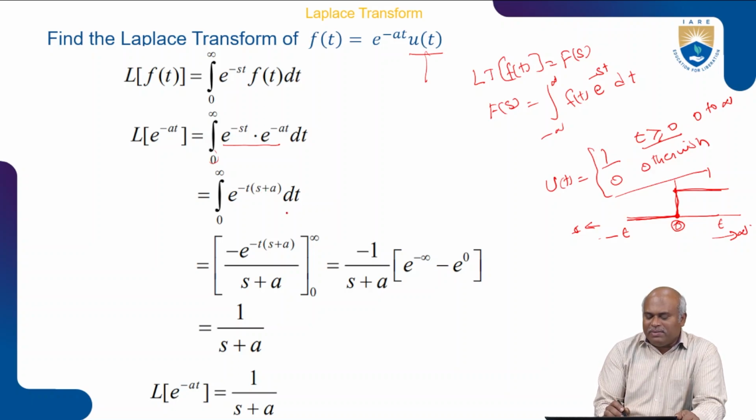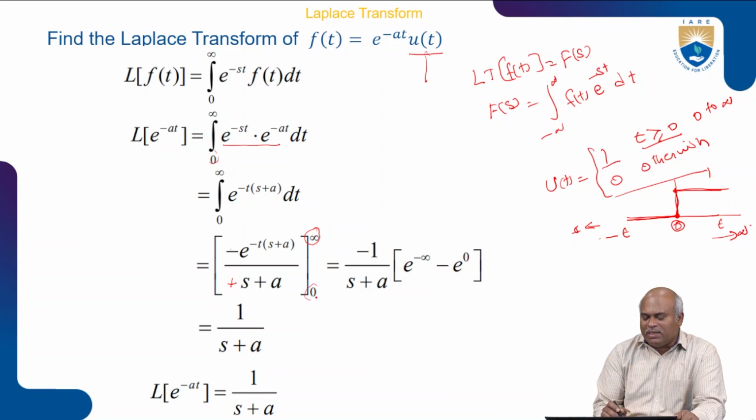Now we integrate this: e power minus t times s plus a, divided by minus of s plus a. Substituting the limits, I take out minus 1 by s plus a, times e power minus infinity minus e power 0.